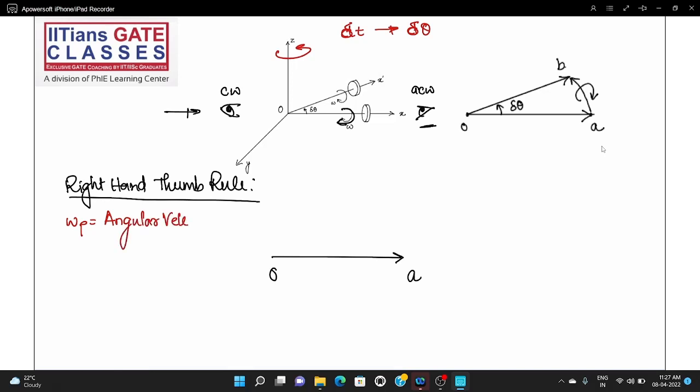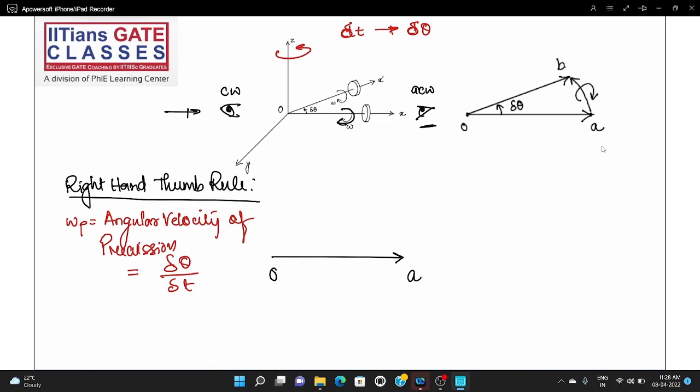is equal to delta theta by delta t, right?